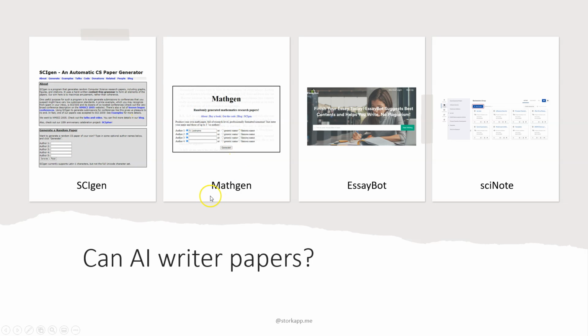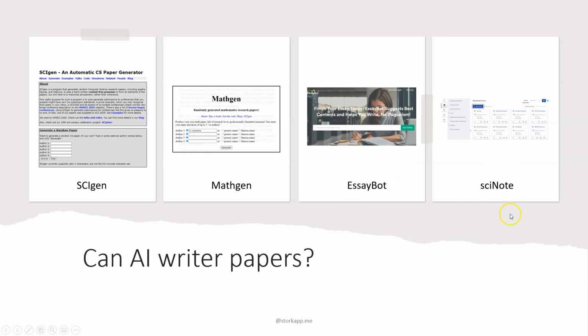Another website, MathGene, is similar to SCIGene, but in the field of mathematics. What you input is also your name, and it will generate random mathematics papers. EssayBot is not for academic scientific papers, but if you enter a topic, it can generate an essay.